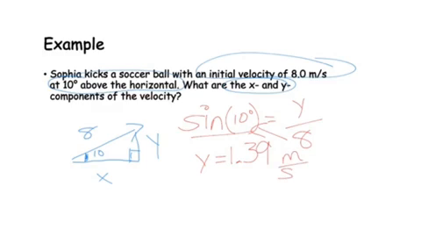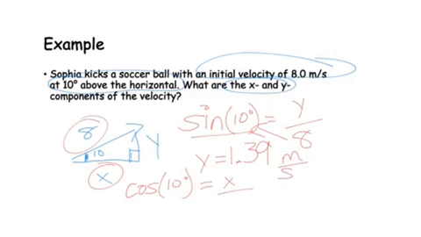And then if I am looking for my x component, we have the angle and the hypotenuse. So this one we're going to use cosine because we're looking for the adjacent. Cosine of the 10 degrees equals adjacent over hypotenuse.